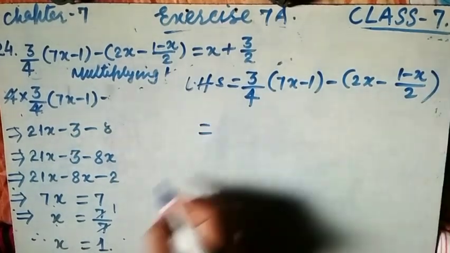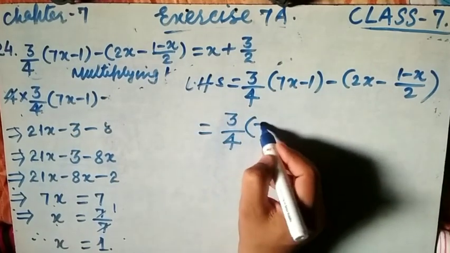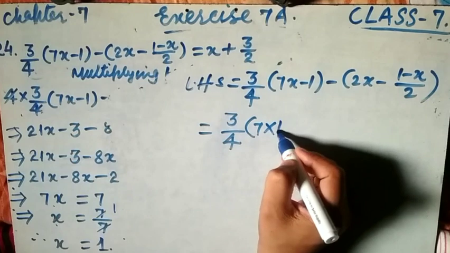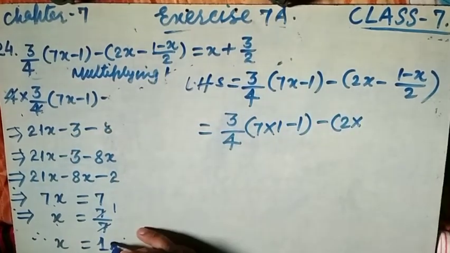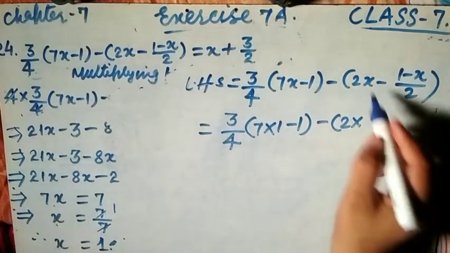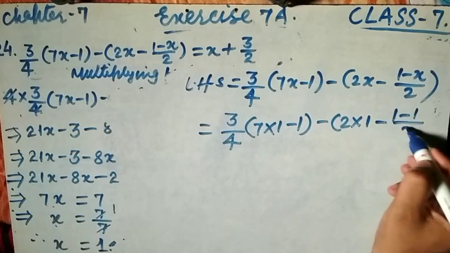Now put the value of x is equal to 1. Where there is x, there is the value 1. Here 7 multiplied by x means 1. Here is the minus 1 as it is. This is minus 2, the value of x is 1. Here is 1 minus 1 minus the value of x, which is 1. Here is the 1 divided by 2.